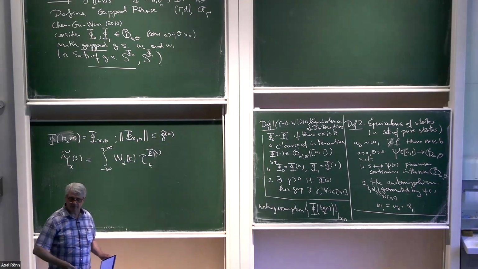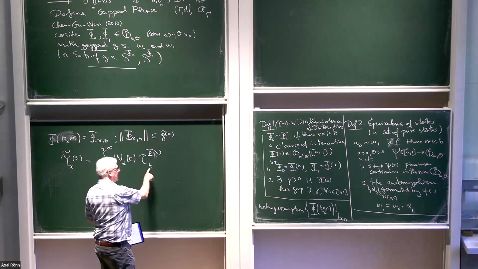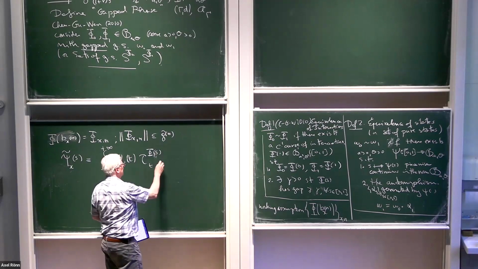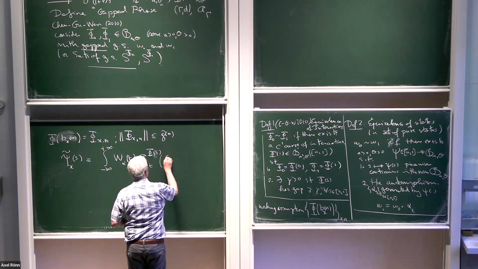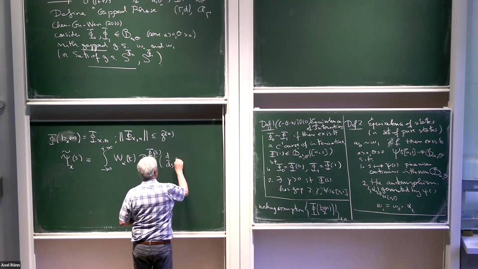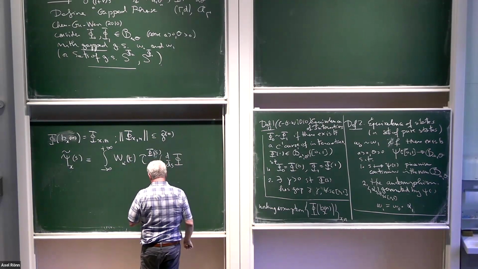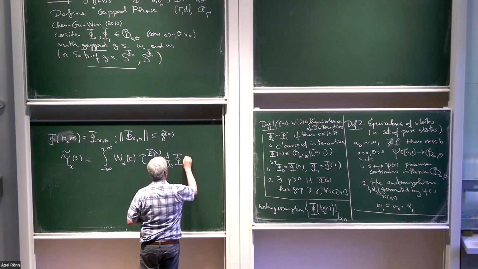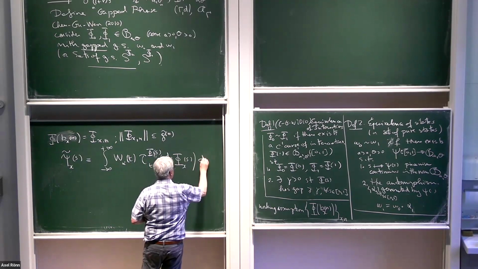I get an interaction phi of s, generated with a time independent interaction, and I apply it to the derivative of these terms of my parameter dependent interaction.